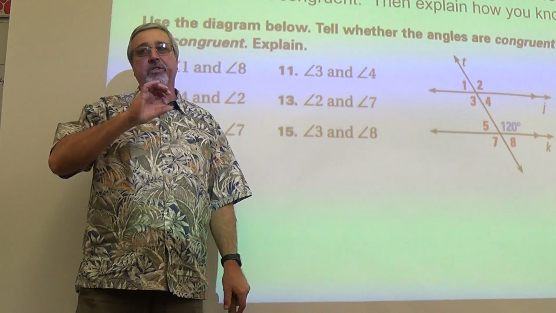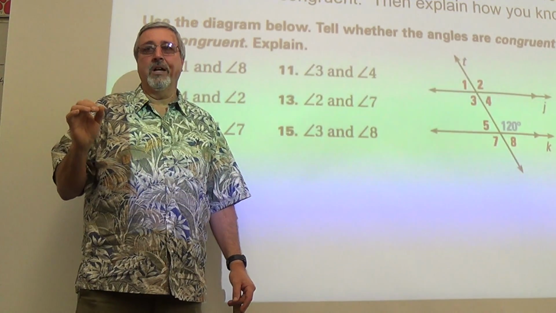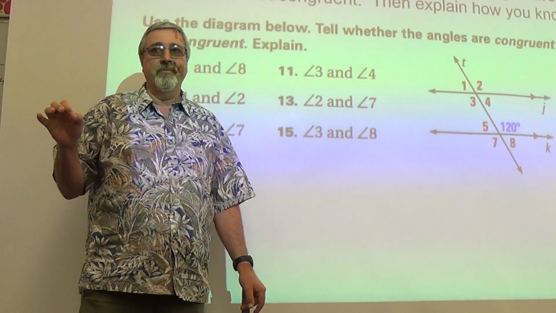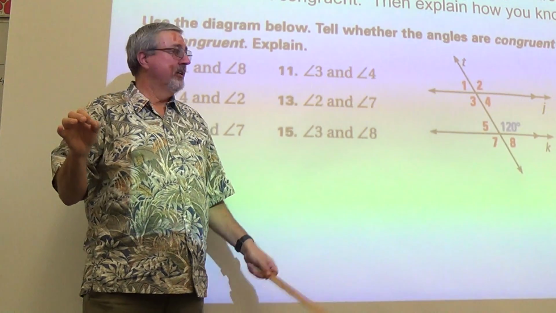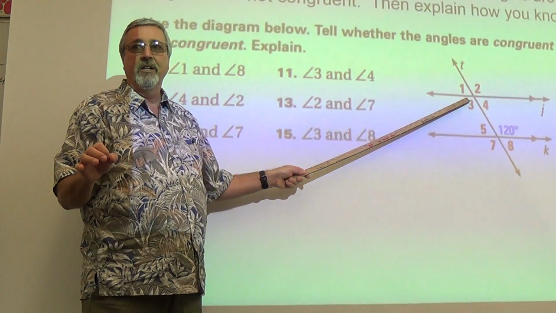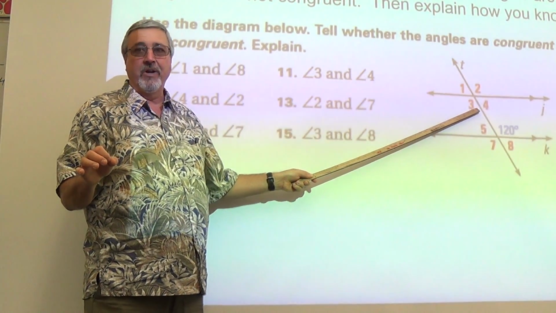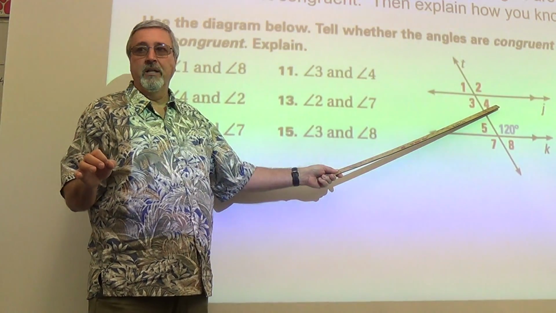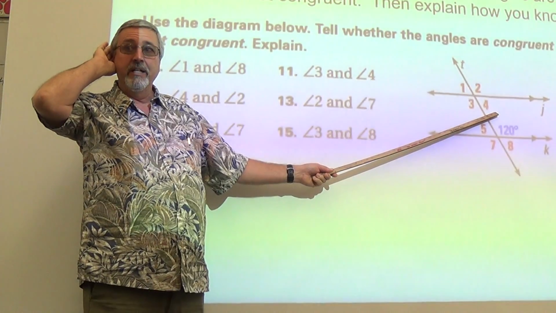Remember I said we're going to use this a lot in geometry. It was a couple weeks ago we talked about this. Do you remember? What kind of a line is this? 180 degrees. It's a straight line, right? In a straight line, the two angles are going to equal what? 180, yes.